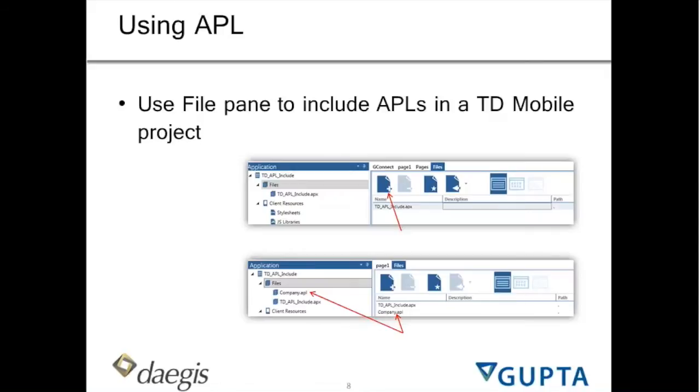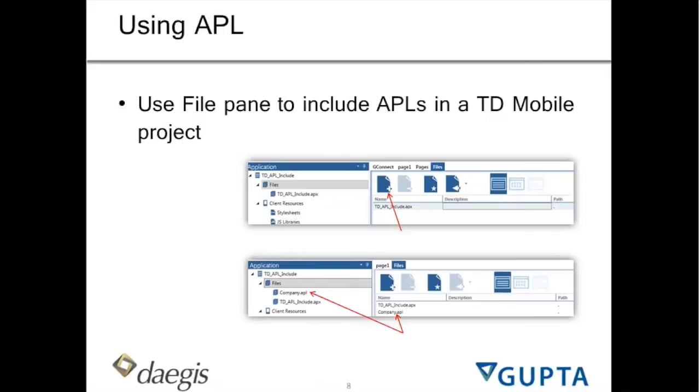Just like in TD, where you can have the main APT and then several APLs that are libraries that make up your application, the same is true for TD Mobile. The parent main project is an APX, and you can have other APX libraries or other APL libraries included in that project, and it'll all show here under the Files node.